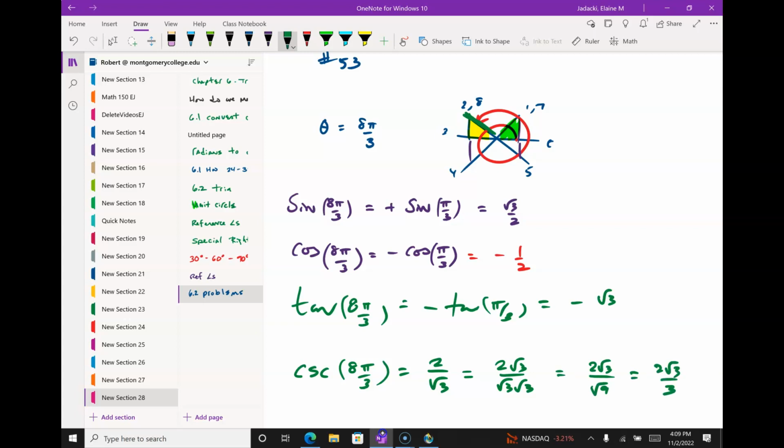Is that making sense, me rationalizing? Can I get a yes from anyone? Is it making sense when I rationalize? Okay. Does anybody not understand what the hell I'm doing when I'm doing that? So I got this answer, and this is something that usually wants to be rationalized, meaning I don't want an irrational number, square root of 3, in the denominator.